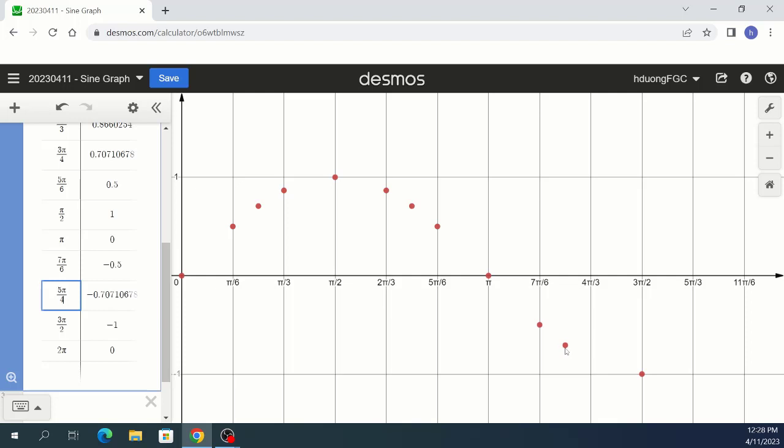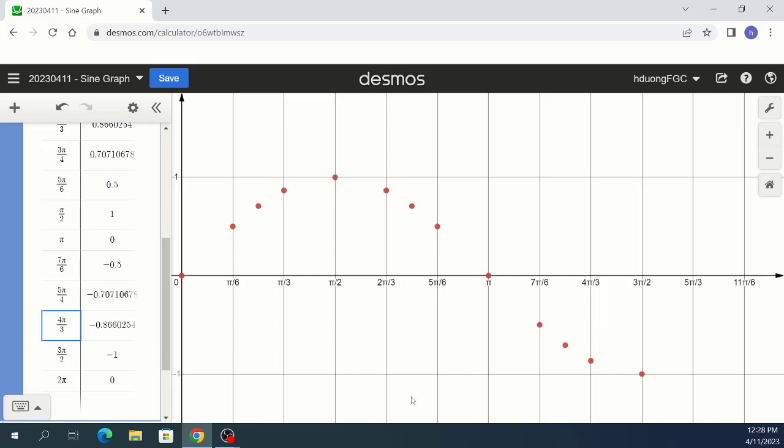It popped out that point right here for me. Of course I'm standing in the way a little bit right here, but the next one here, before we got to a 3 pi over 2, we got 4 pi over 3, right? And that point pops out right here. Now it's more convincing that it's going in that wave shape, right?